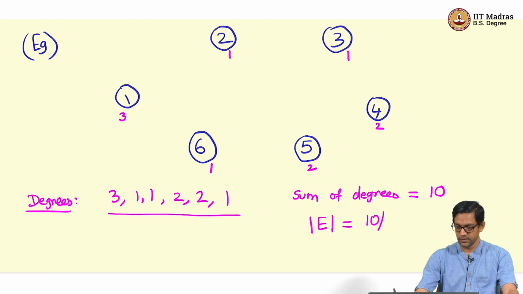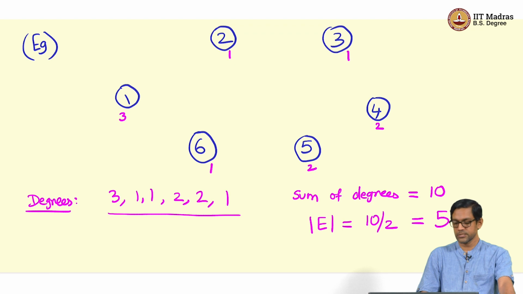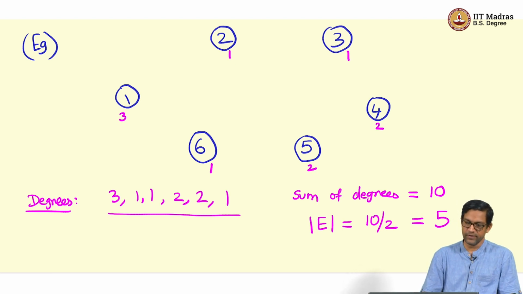So that is the little lemma that we just talked about. The number of edges, or 2 times the number of edges, is the total sum of degrees. So there are 5 edges, there are 5 connections that I have to draw between these vertices, but it turns out there is actually more than one way of doing this.